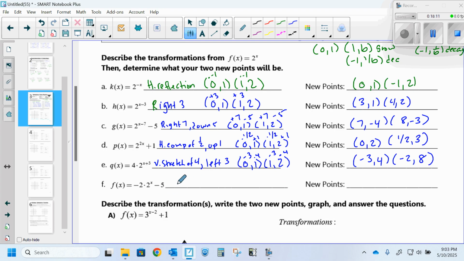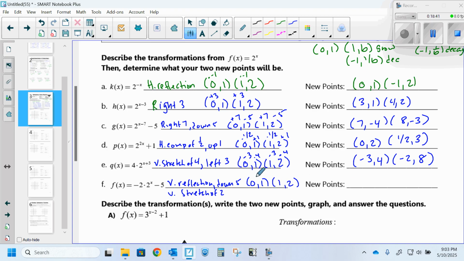This one has 3 transformations, so it's a vertical reflection, down 5, and a vertical stretch of 2. So both of those things are affecting the y value, so is the -5. So everything is affecting the y values.